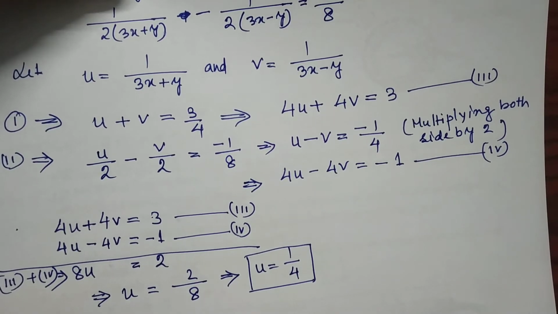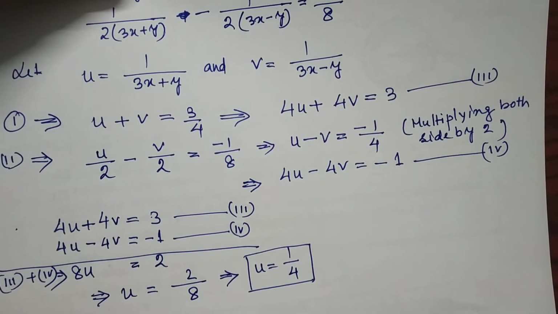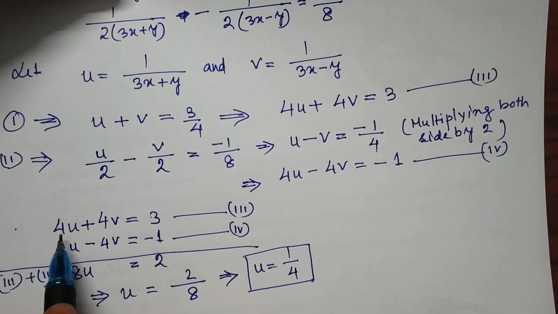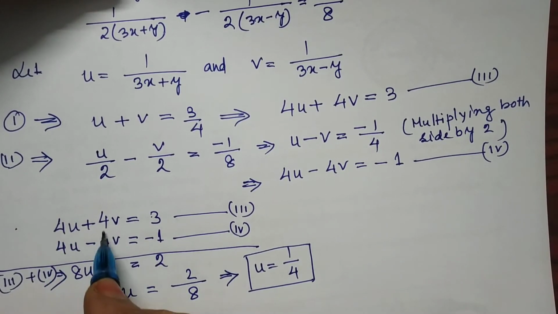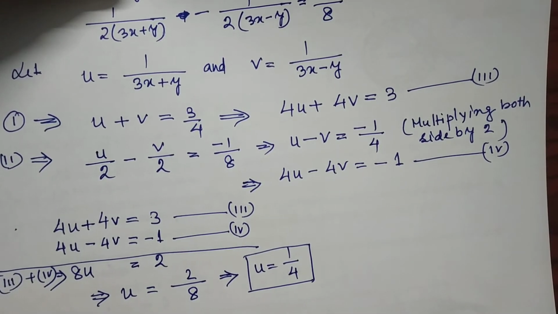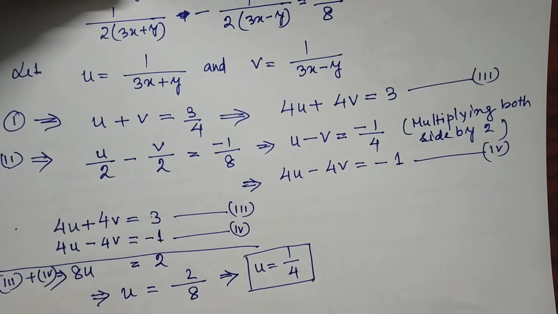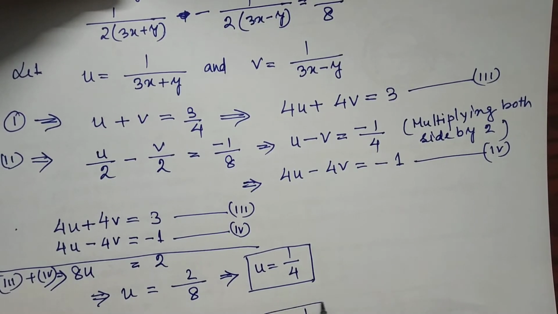Next, if we subtract, 3 minus 4, then these two will be cancelled. This will be 8v and 4. That means v equal to 4 by 8. Therefore, v equal to 1 by 2. We get the value of u and v.